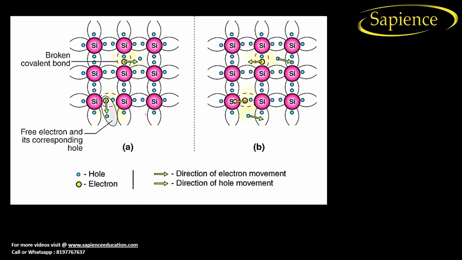From this diagram you can understand that at room temperature some of the electrons will empty this space and come out to this place, so a positive charge will be created. Whenever a covalent bond breaks, the electron comes out, and a hole is created, right?